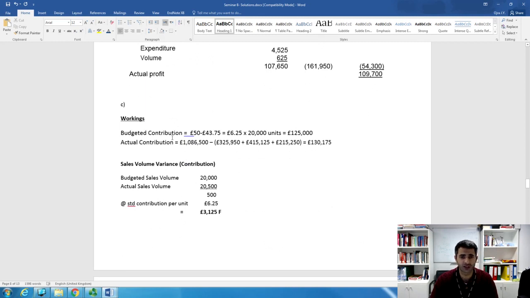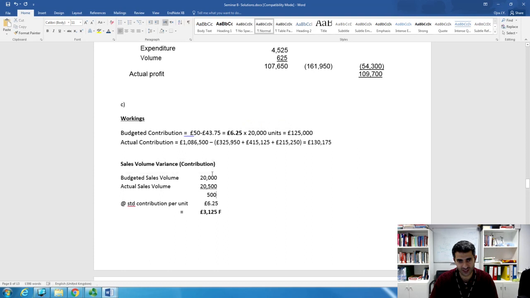So the budgeted profit or contribution is this, but as you see here, the standard cost is now 43, not 45, because we take away the 1.25 fixed cost per unit. So now the standard profit margin you're going to use is 6.25. This is the one you need to use in order to calculate the sales volume variance.